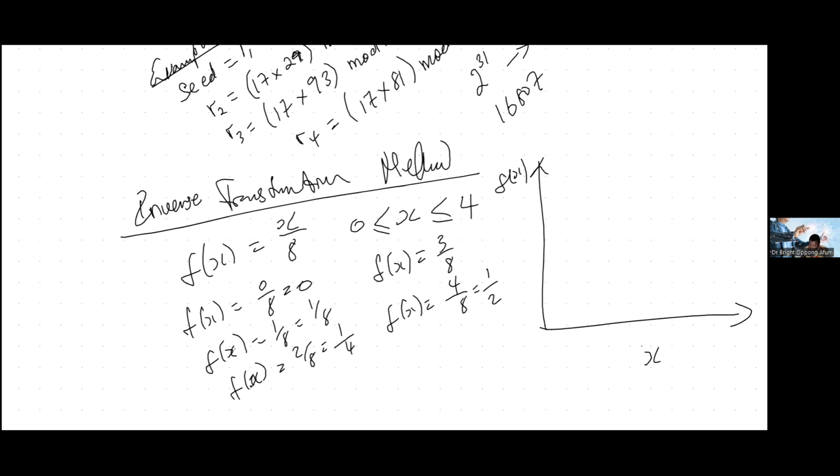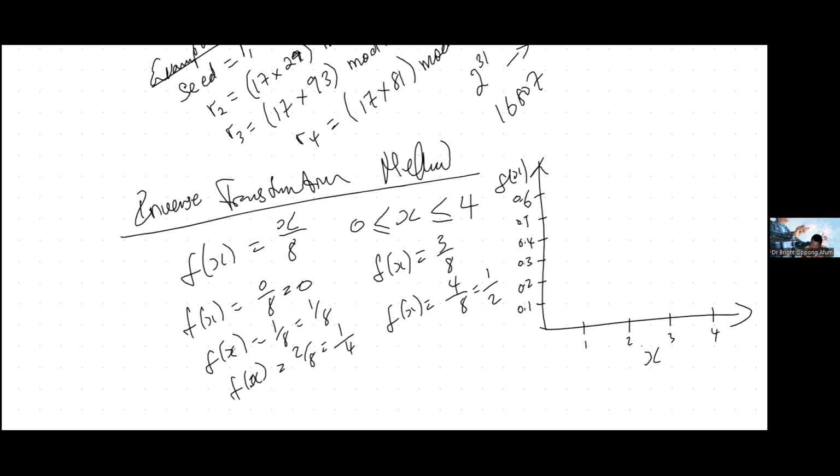On the vertical axis we have 0.1, 0.2, 0.3, 0.4, 0.5, 0.6, and on the horizontal axis we have 1, 2, 3, 4.